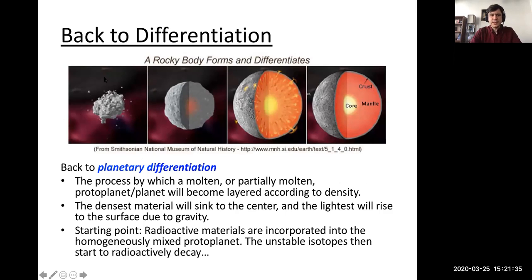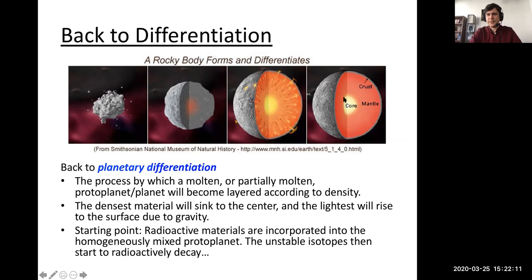Remember that as we accrete all this material, it doesn't self-select, it just is all evenly mixed together, what we call homogeneously mixed, and some of that material is going to be radioactive isotopes that are going to radioactively decay, releasing energy, heating up material around them, causing the protoplanet to at least partially melt. So the protoplanet will heat up, start to partially melt, and once it gets molten enough, that's enough to let the dense materials sink to the center and the light materials to float to the top.